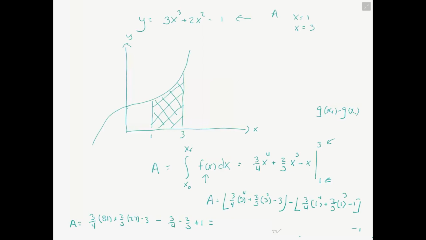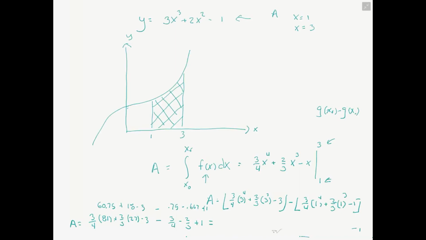We have 81 divided by 4 times 3, and that's 60.75. 60.75 plus, and this is 2/3, so 27 divided by 3 times 2 is 18, plus 18 minus 3 minus 0.75 minus 2/3, 0.667, plus 1.